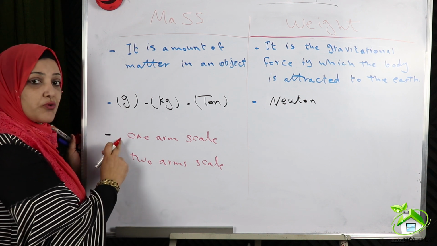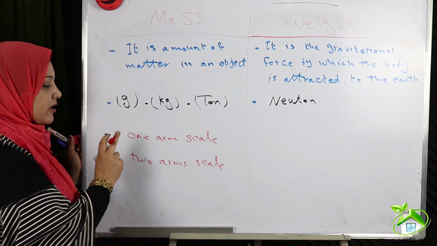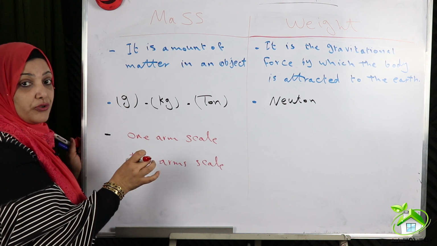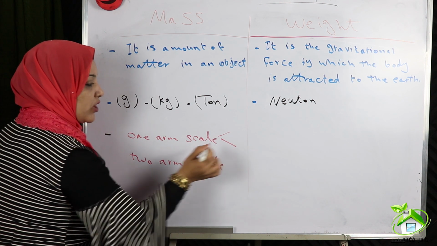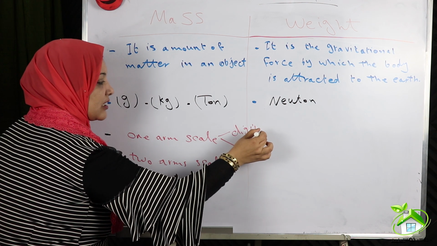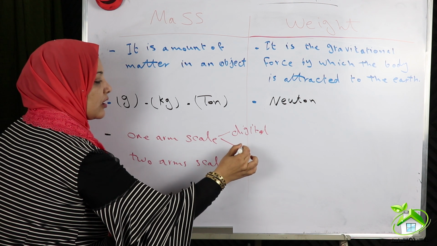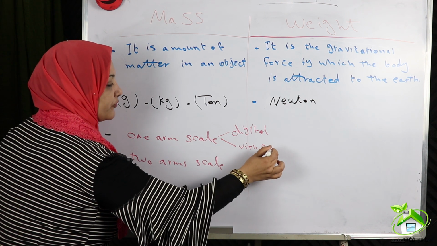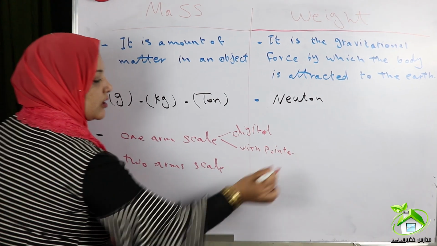For the 1 arm scale, there are 2 types: a digital scale and a scale with a pointer.